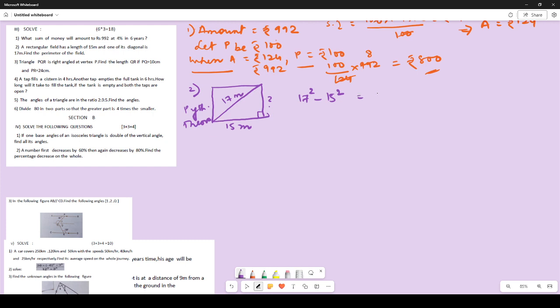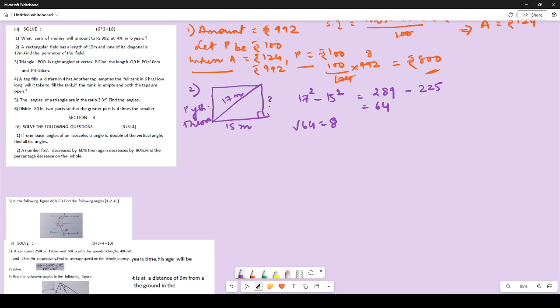So 17 square is 289 minus 15 square is 225. So this comes to 64, and you know that the square root of 64. 64 is a square of 8. So under root 64 is equal to 8.